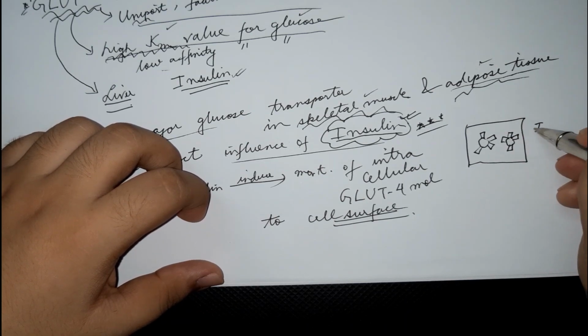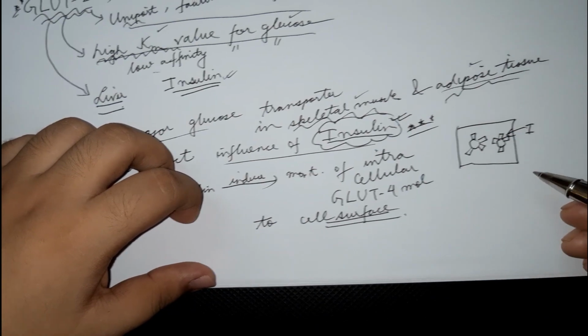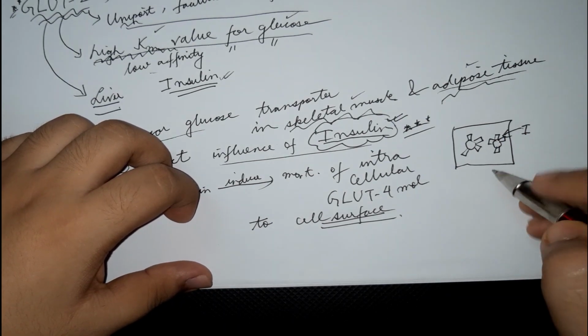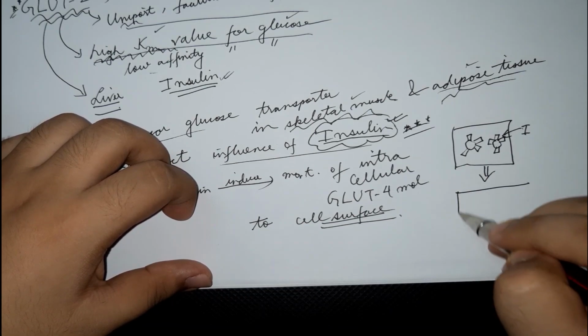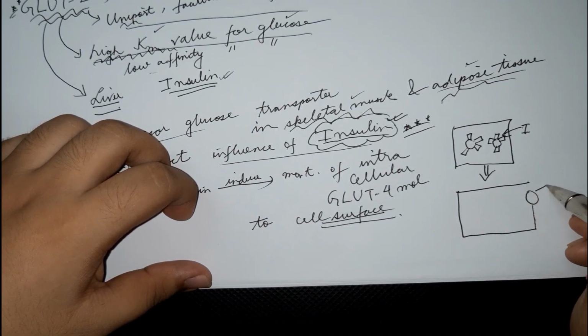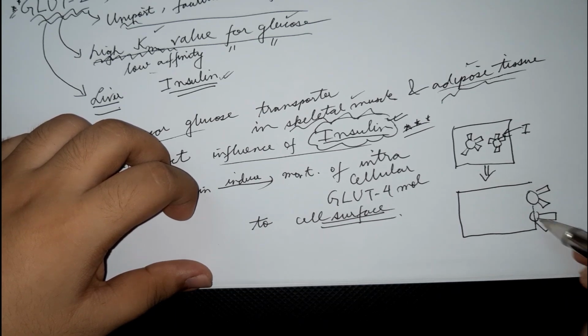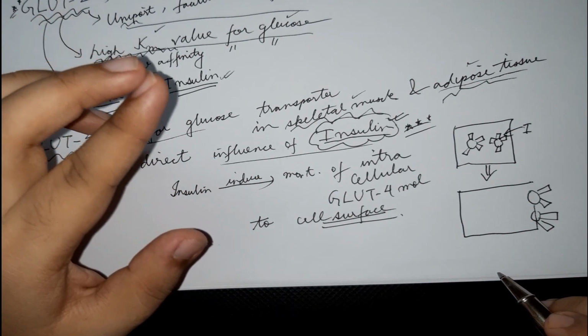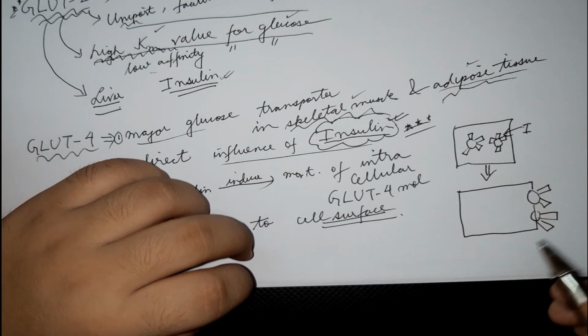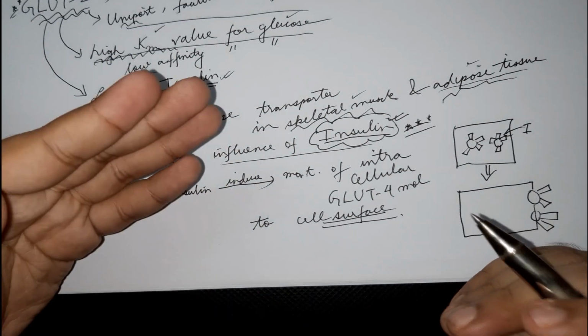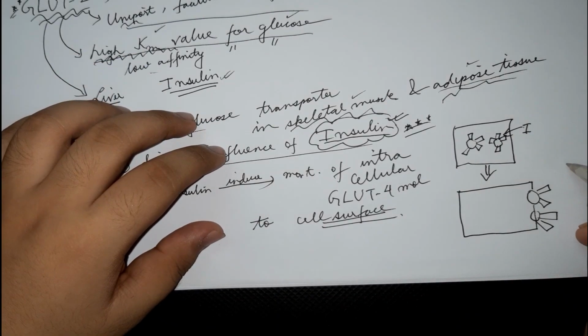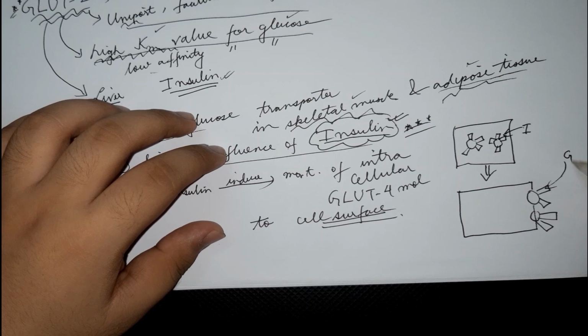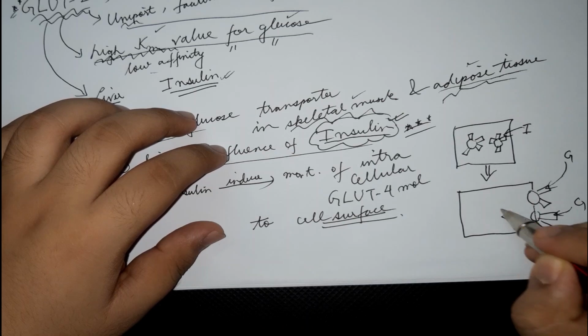But when insulin comes, it will induce these GLUT4 transporters, and as a result they will move to the cell surface. Now that they are on the cell surface, they are glucose transporters, so they will bind glucose and transport the glucose inside the cell.